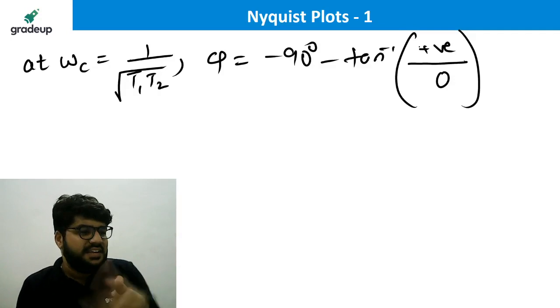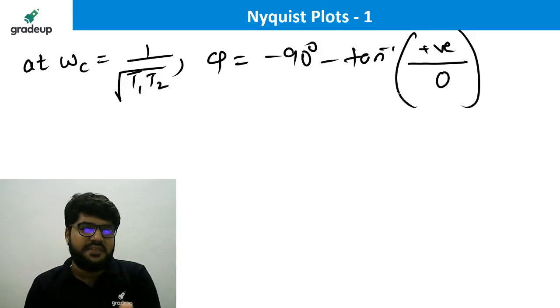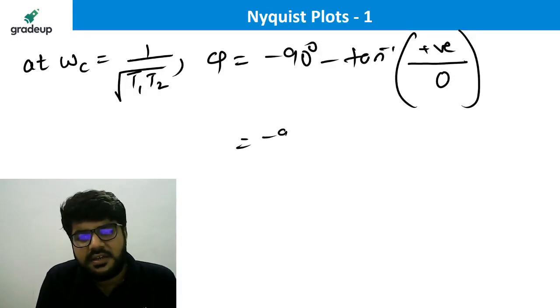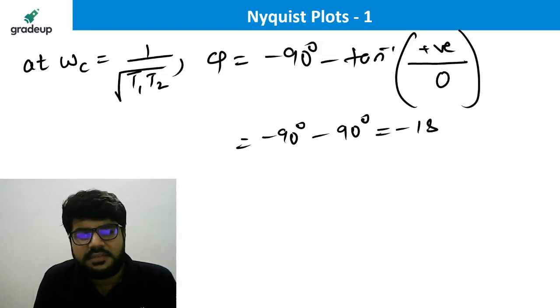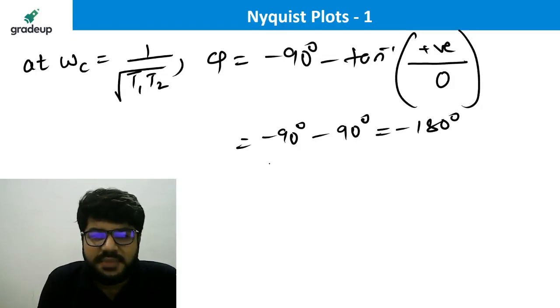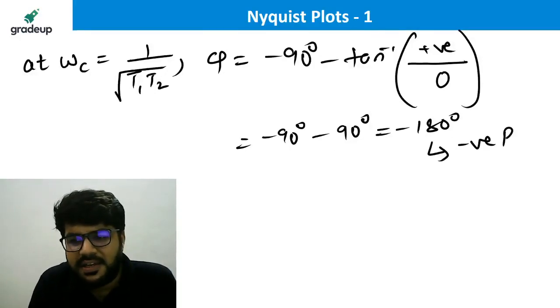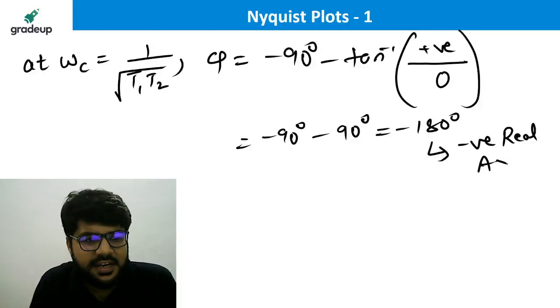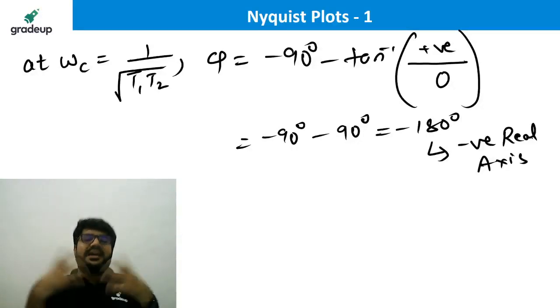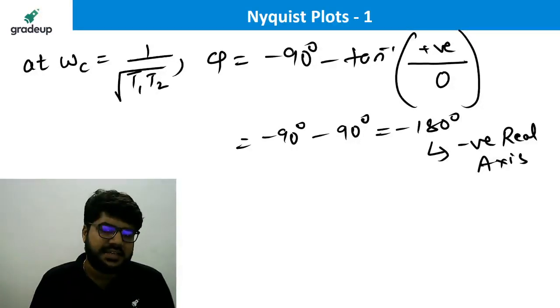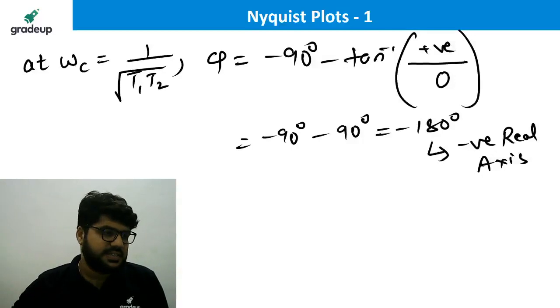So it is tan inverse infinity again inside. 1 upon 0 is infinity and that is 90. So minus 90 minus 90 is minus 180. So phase is minus 180. It signifies the phase obtained is minus 180, it signifies it is the negative real axis. So at what axis do you cut? It is the negative real axis.